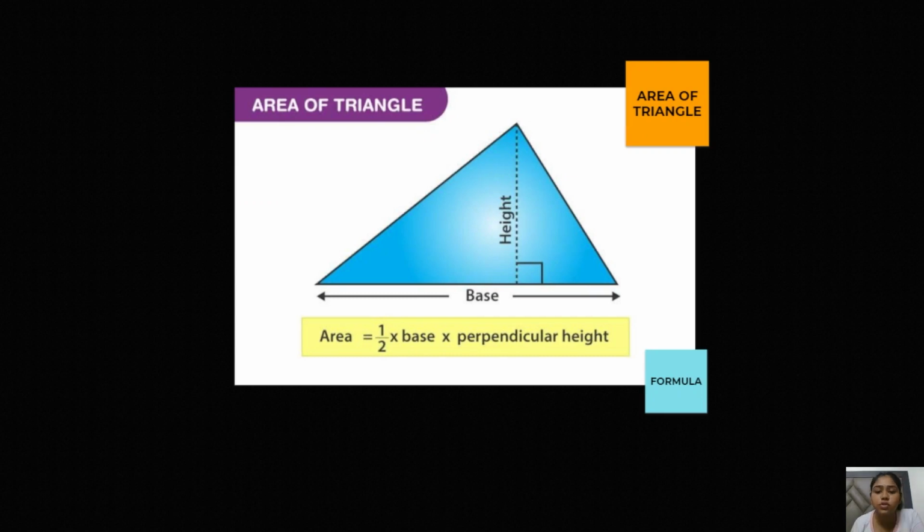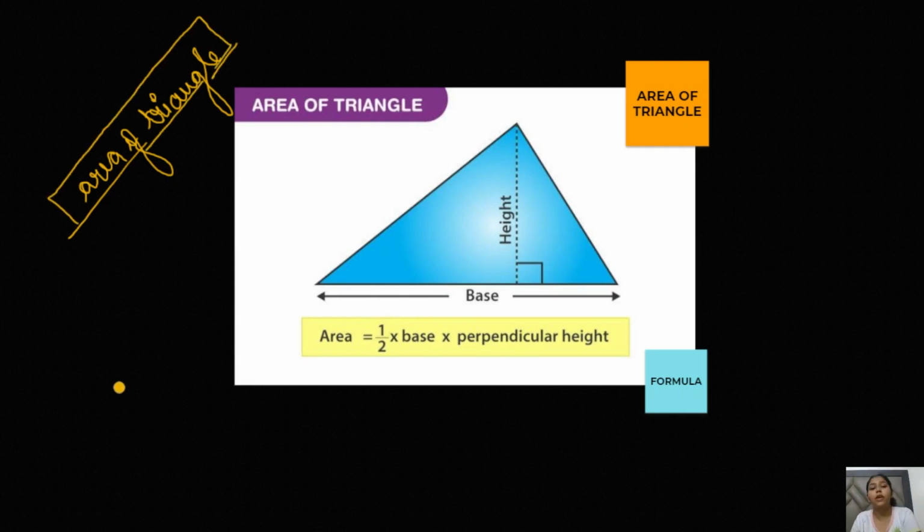Now we'll go through the area of the triangle, right? I hope you people are aware of what the area of a triangle is. In class 9th we learned about the area of a triangle by Heron's formula. We applied a formula with s, root over s into s minus a into s minus b into s minus c.